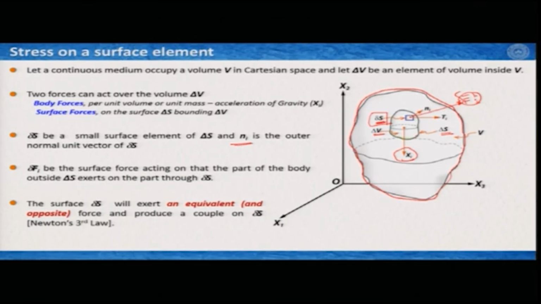Now, I repeat that I have a large volume V. Within this large volume, I have a small volume which is delta V, which has a surface area delta S, and within this small volume, we have a very small area del S, where a force is acting, and because a force is acting on that little surface, it would exert an equivalent and opposite force and produce a couple on the surface del S from inside.